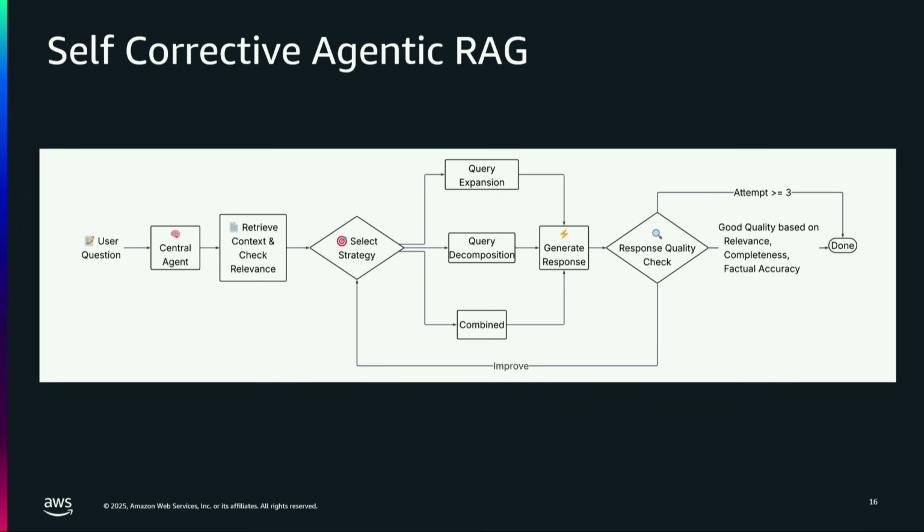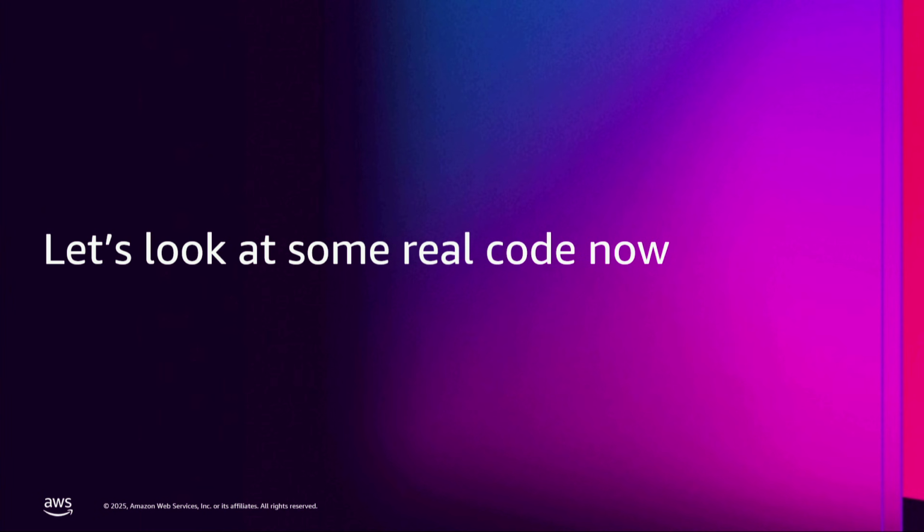Based on that, we will either loop back to select the appropriate strategy again if the answer is not good enough, or if the answer is good, then we have the answer directly. We will loop till we get the right answer, or we reach a maximum threshold so that it doesn't go into an infinite loop. That's the self-corrective agentic RAG architecture, a simple one that we are going to walk through in code. So let's look at some real code now.